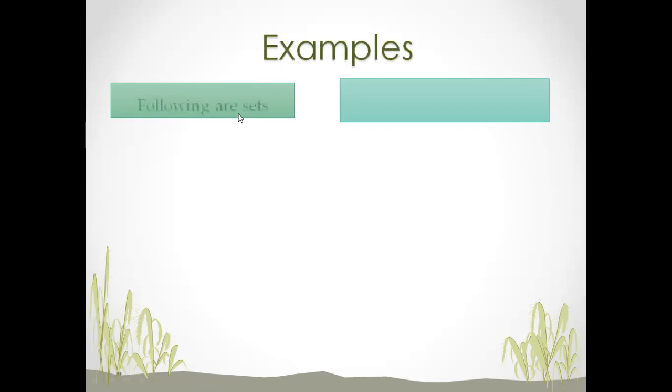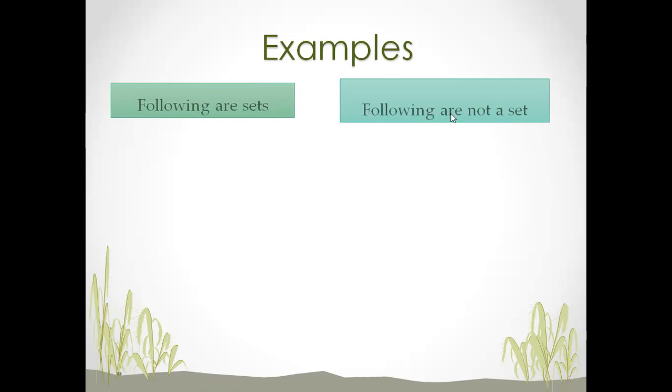Here we see examples of a set, and then we try to understand them. To learn about something in more detail, it is necessary to learn the examples which do not satisfy the definition.